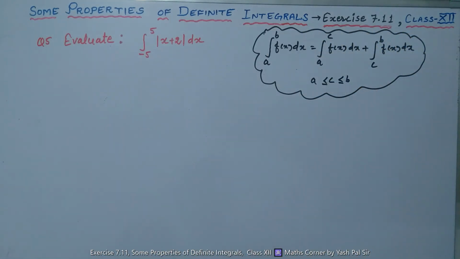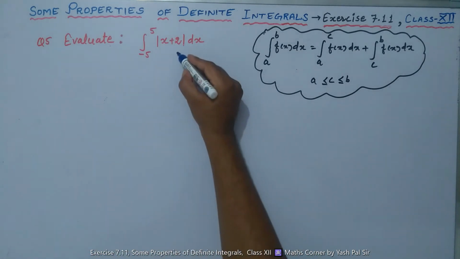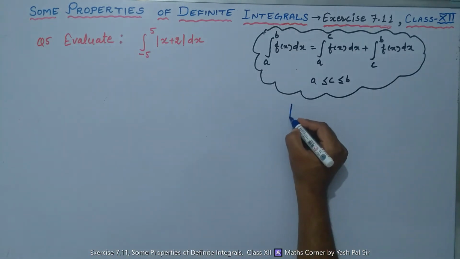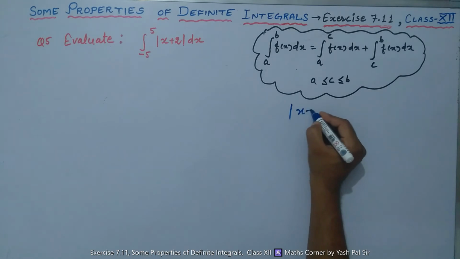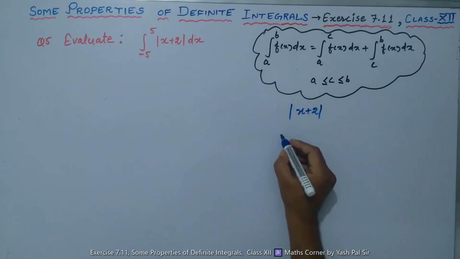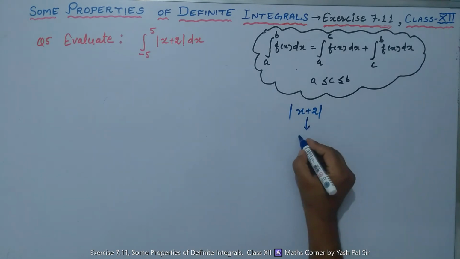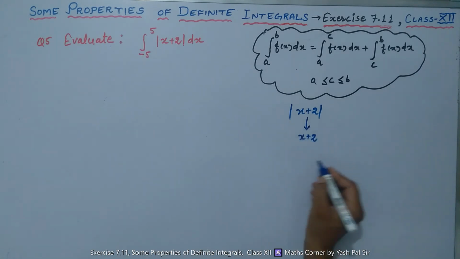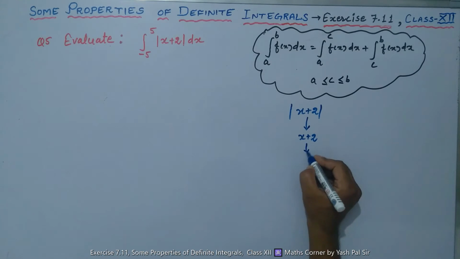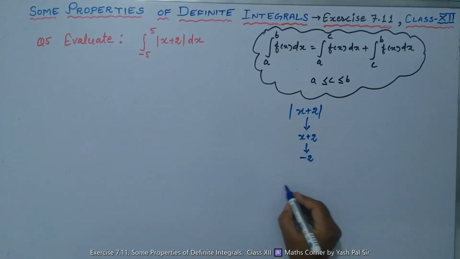So here from modulus function what we can do, mod of x plus 2, from this we put this equal to 0, x plus 2 is the linear factor, and from this we have the value of x equal to minus 2.